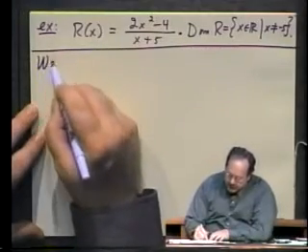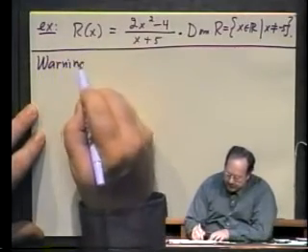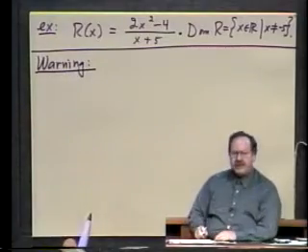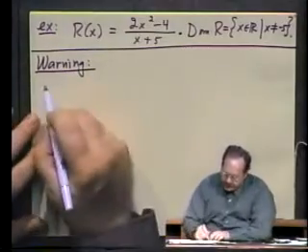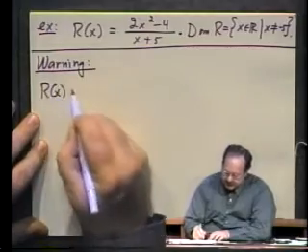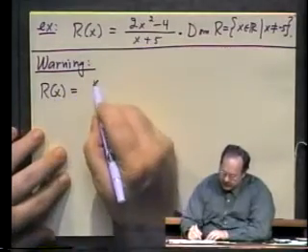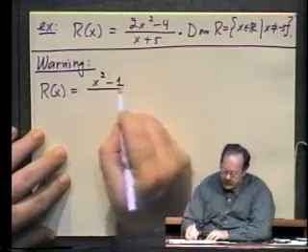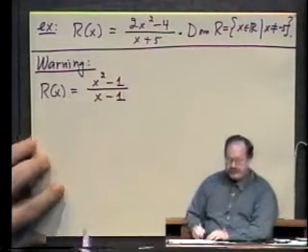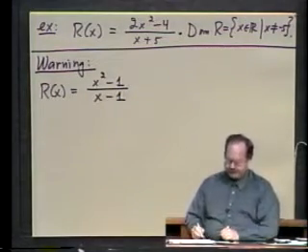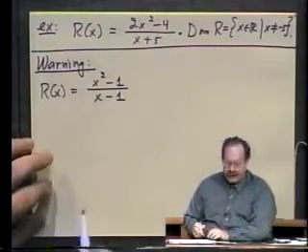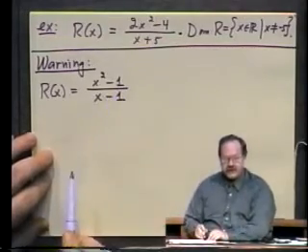But there is something I wanted to warn you about here, because you have to be careful about that. Here is the warning with a specific example. Suppose R of x is the following: x squared minus 1 over x minus 1. Nice, simple rational function. Let me factor the top because I can. It is a nice difference of two squares.